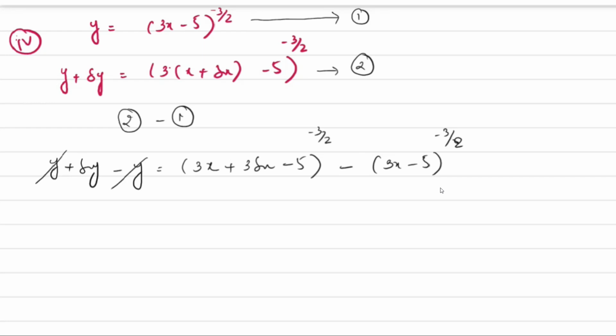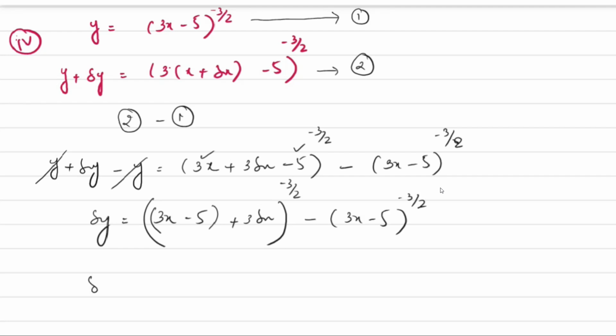So this would be cancelled. Delta y is equal to (3x - 5) plus 3 delta x, I am going to combine these two, whole raised to the power -3/2. So delta y is equal to, I am taking (3x - 5) raised to the power -3/2 common.